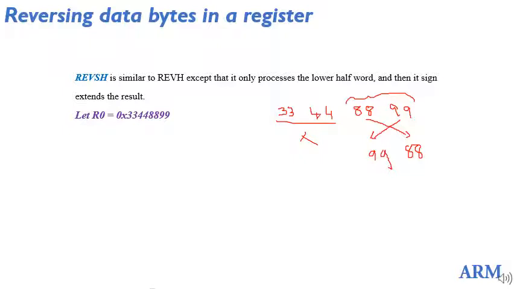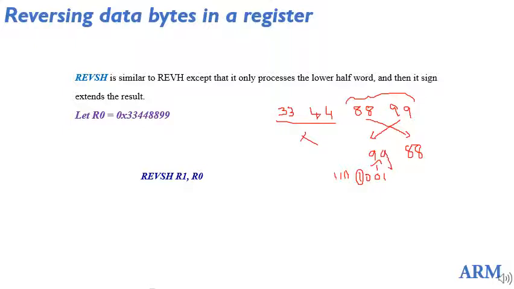Let me write the most significant digit of the lower half word after the reversing operation in binary. 9 is written as 1001. As you know, the most significant bit gives you the sign bit, and here the most significant bit is 1, so the REVSH instruction will extend the sign, that is 1 is the sign bit.